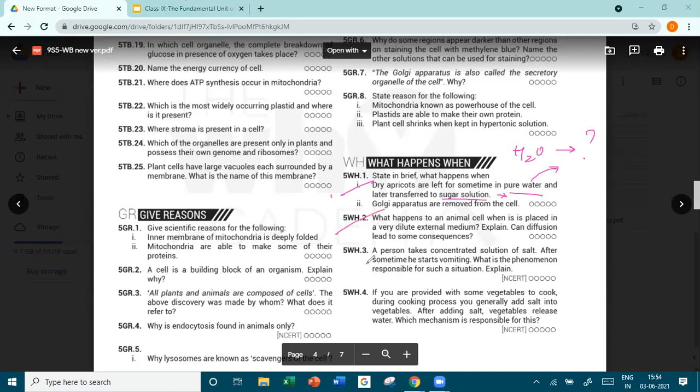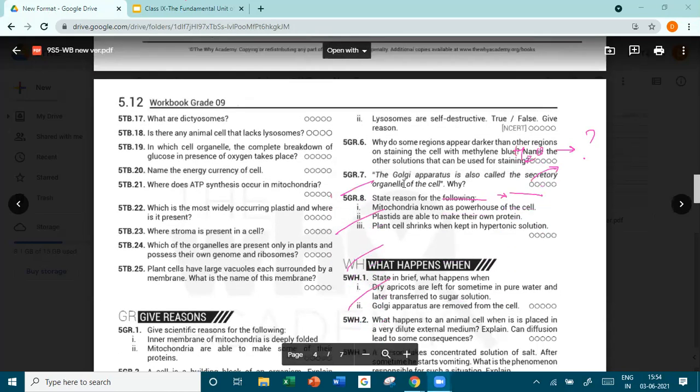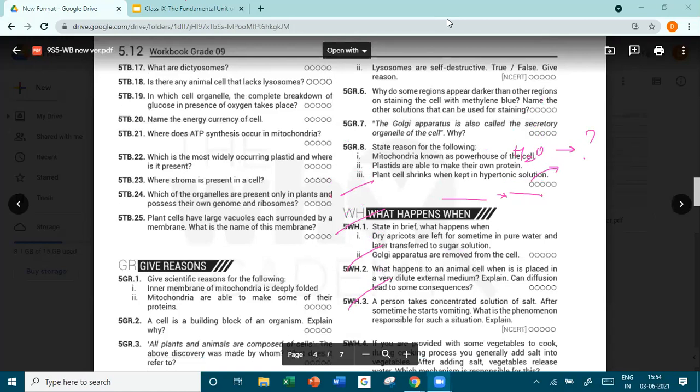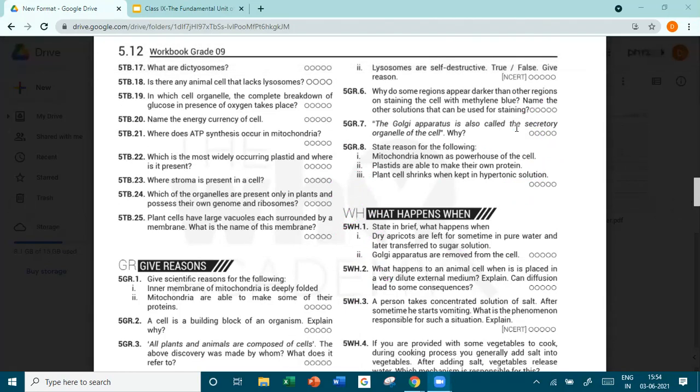Okay, this is also an osmosis question. One odd man out here is the staining question. So staining actually comes in the introduction part of the chapter. So this question again could be asked on staining, right?